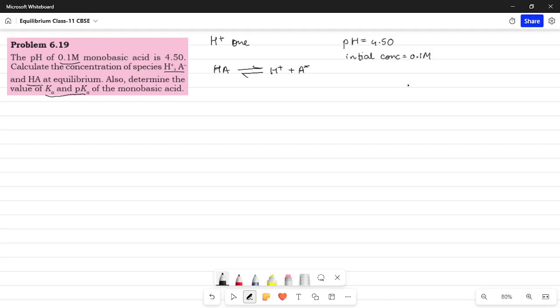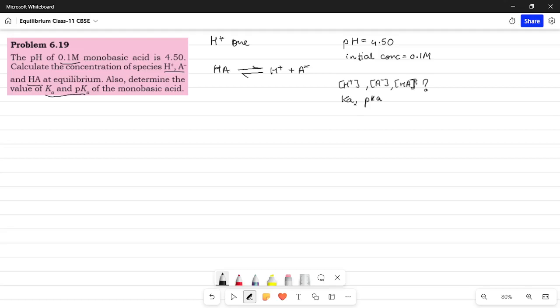We need to calculate the concentration of H plus, concentration of A minus, and the concentration of HA at equilibrium. We also have to calculate the value of pKa and Ka.